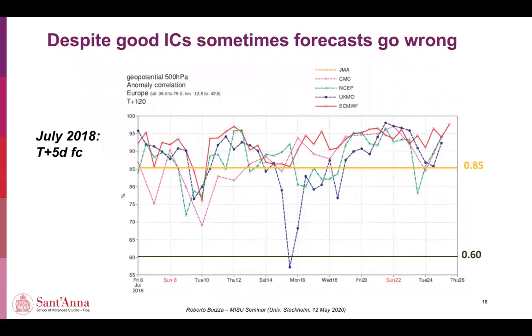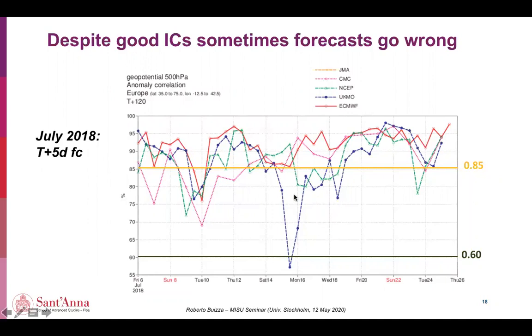So the fact that we have observation errors, or we don't observe the whole state of the atmosphere well, the fact that we have model approximations due to the fact that we are solving the equations in an approximate way, and the fact that the atmosphere is chaotic causes forecast busts like this one.